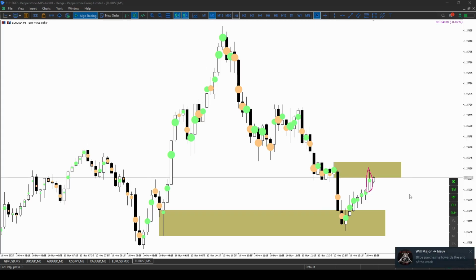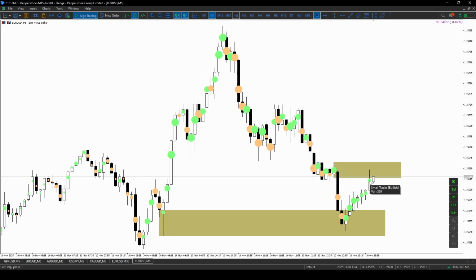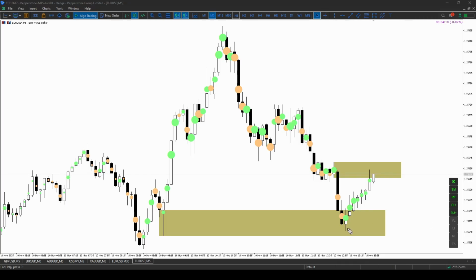All right, so let me see the volumes of that candle so we can identify. We can see the candle comes with small trades. There are small trades here. So there's a high probability that this is a kind of iceberg, I mean institutions open their position small, something like that.